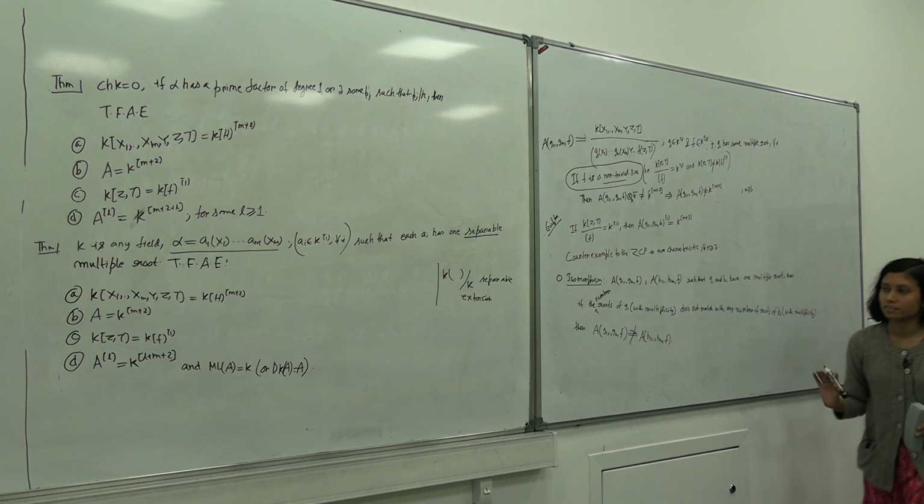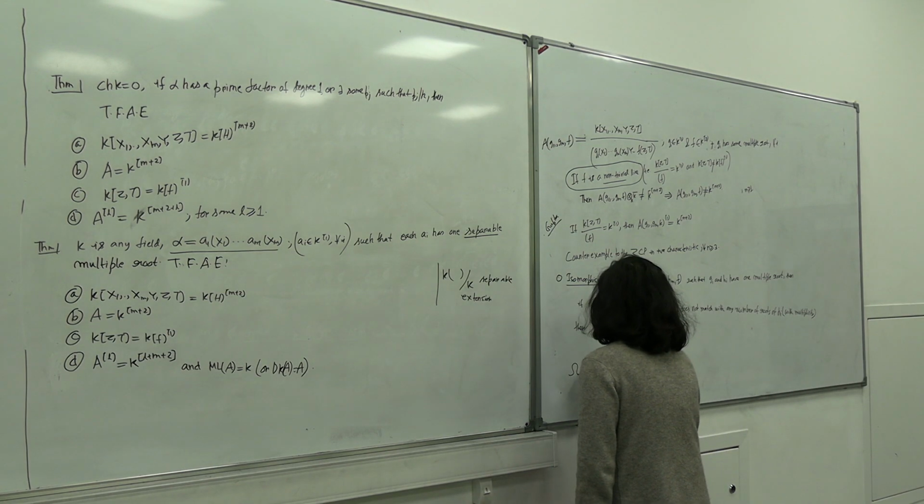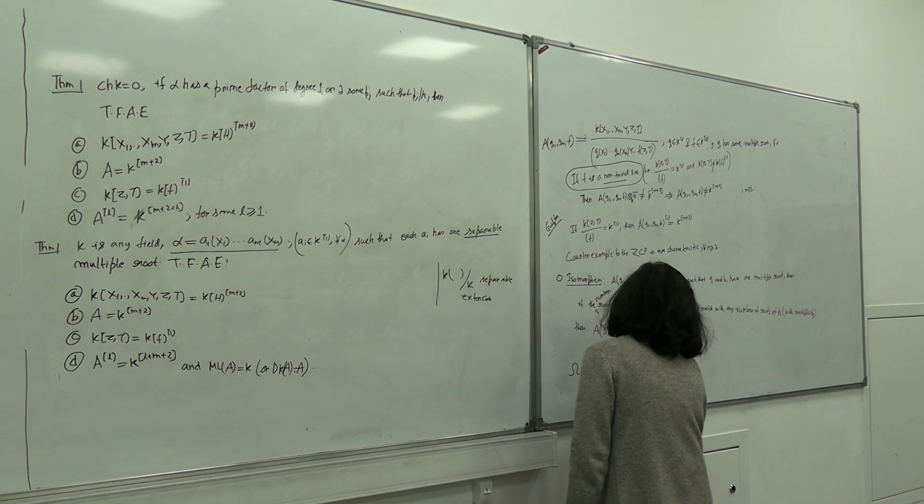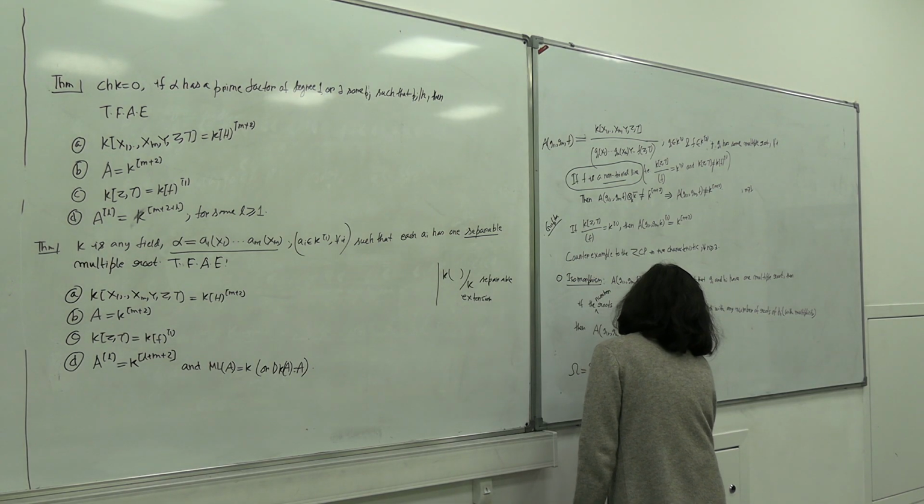So let me give a family of non-isomorphic counterexamples to the Zariski cancellation problem.